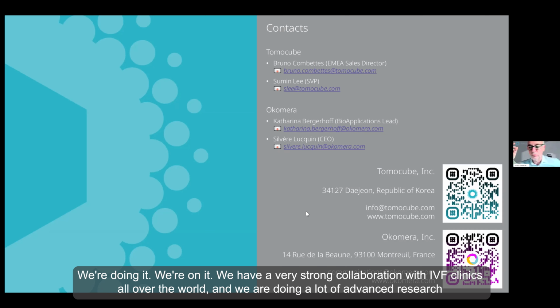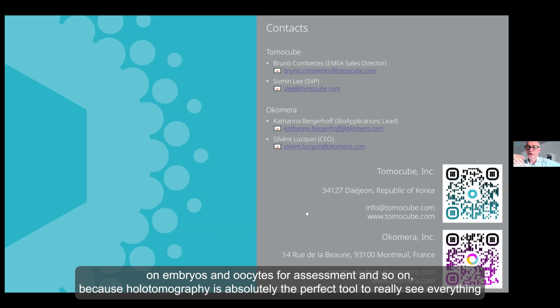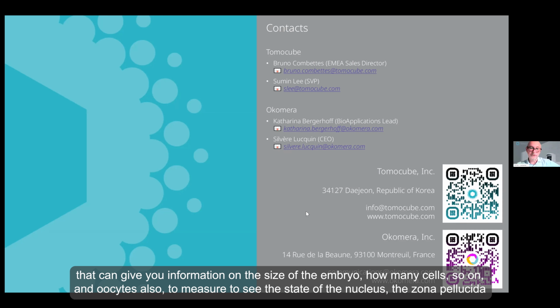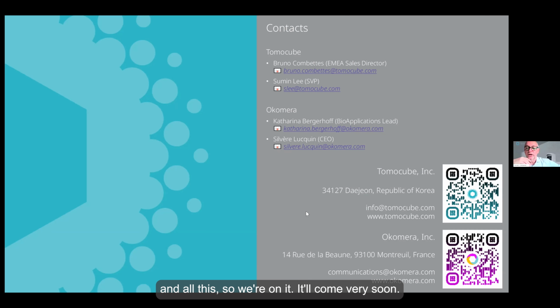We have a very strong collaboration with IVF clinics all over the world, and we are doing a lot of advanced research on embryos and ovocytes for assessment and so on, because holotomography is absolutely the perfect tool to really see everything that can give you information on the size of the embryo, how many cells, and so on, and on ovocytes also, to see the state of the nucleus, the zona pellucida, and all this. So we're on it. It'll come very soon.